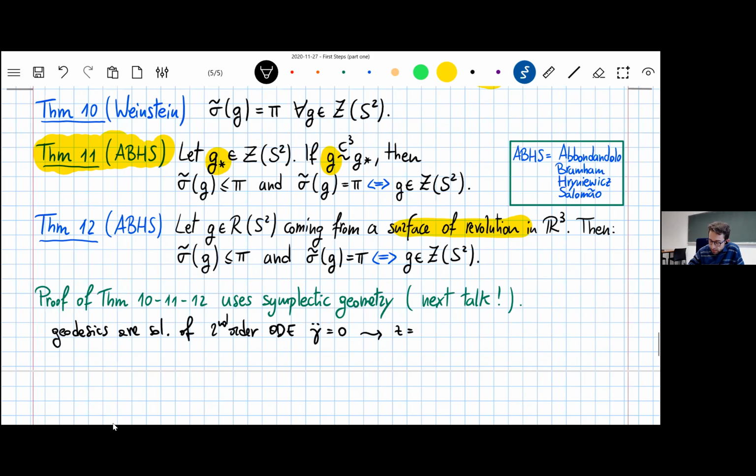You can call this Z, gamma dot. Then this holds if and only if Z dot is equal to X of Z, where X is a Hamiltonian vector field. So you can look at geodesics as flow lines of a Hamiltonian vector field, and this is then used in the proofs of these theorems, which will come in the next talk. So I will finish here, and thank you for the attention.